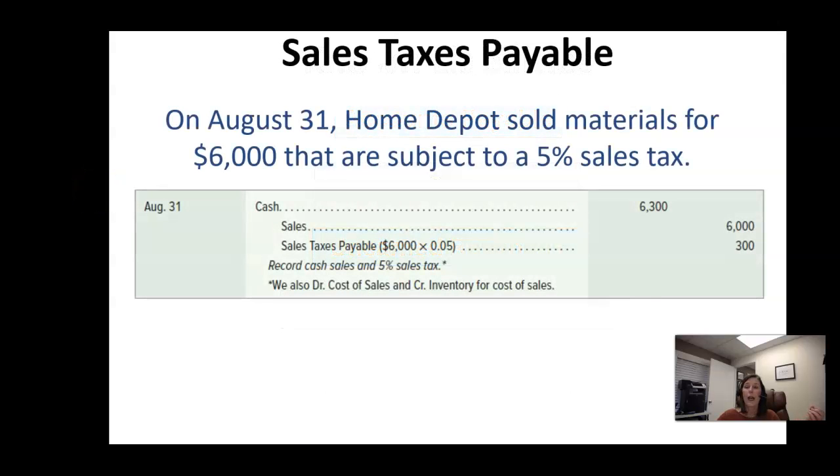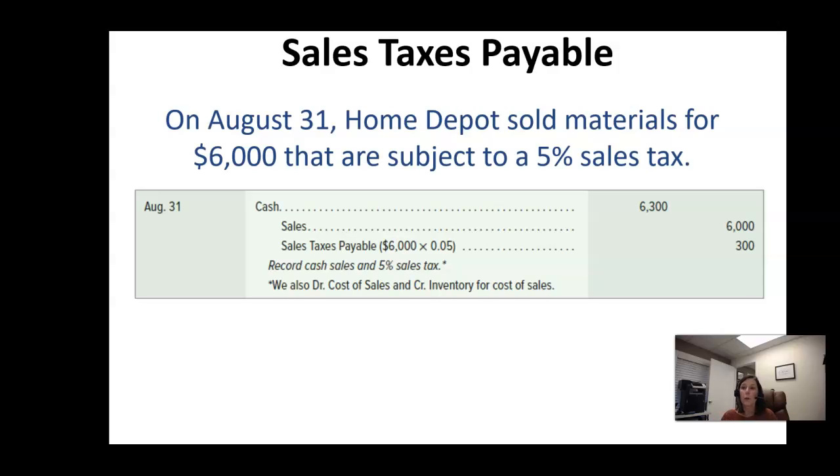Let's take a look at sales tax because this is an area where students often get confused. We collect sales tax on behalf of the taxing authority from the customer. That money is not part of our revenue, and we don't want to include it as revenue. We want to have that segregated from our revenue right from the get-go.